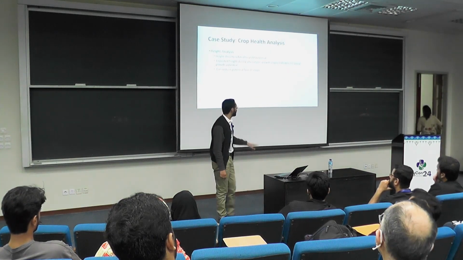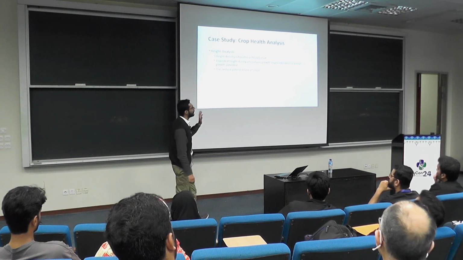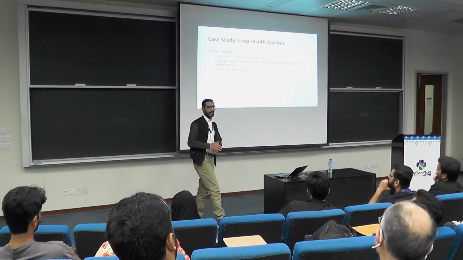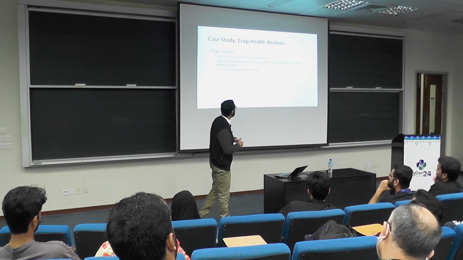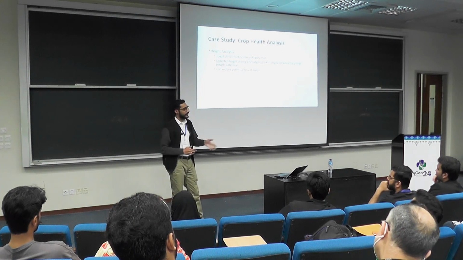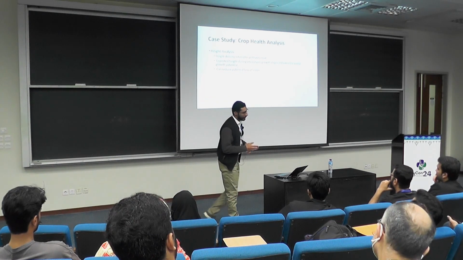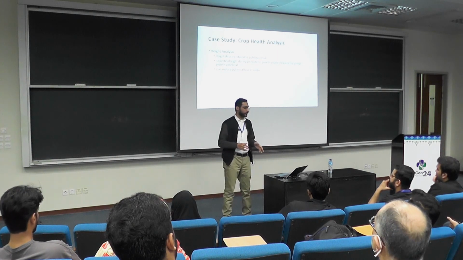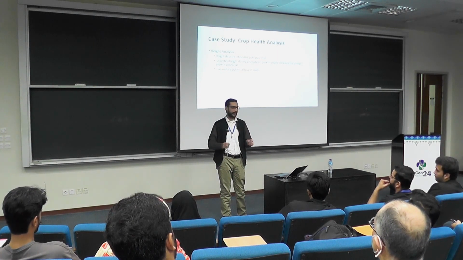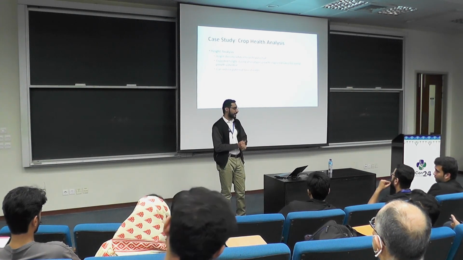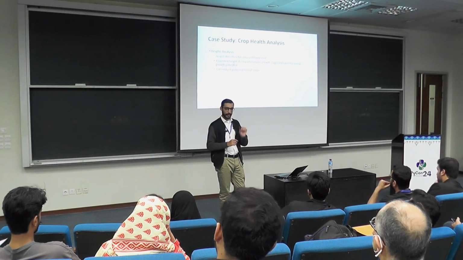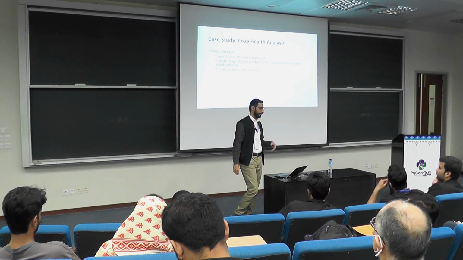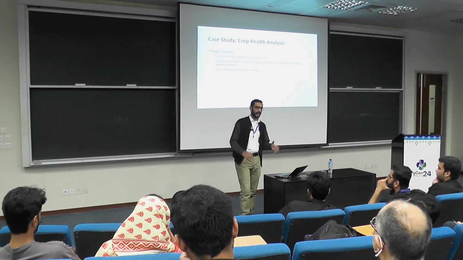So the case study we have is of agriculture. This is a project done between NUST and NARC, the National Agricultural Research Center. In NARC, they analyze crop health for different crops and between different seeds and their yield potential. There are different features that they look at, but we just used height as the analysis for crop health.